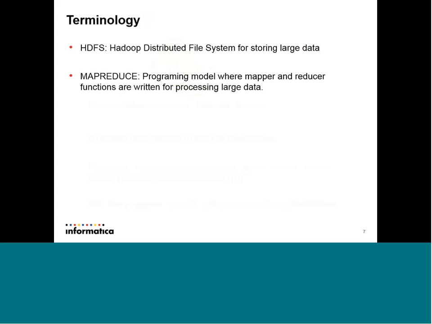Some important terminologies related to Hadoop. Most of you would have heard HDFS and MapReduce whenever we talk about Hadoop. HDFS is the file system for storing data, and MapReduce is a program where there are two things: one is mapper and the other is reducer, two functions which are written for processing large data sets.